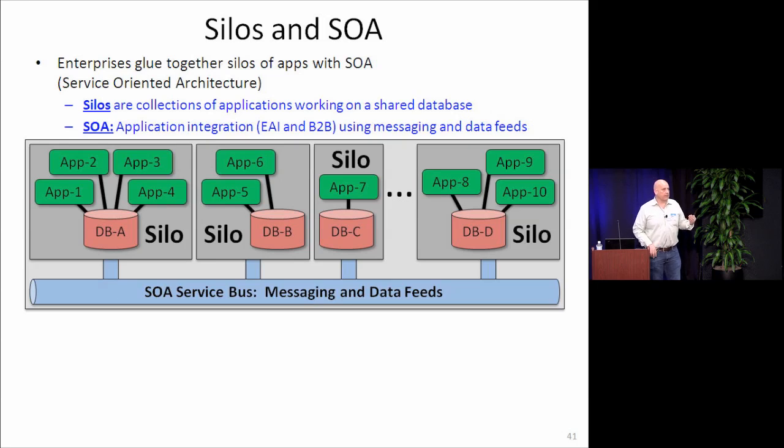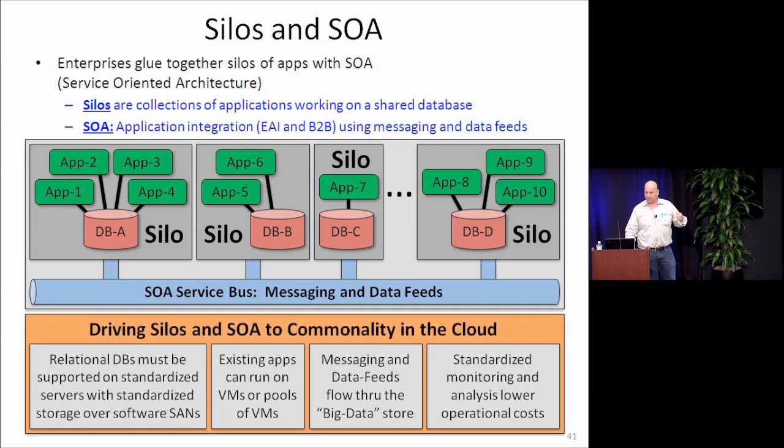And so in this environment, I have a set of apps that are running on a database and another set of apps that are running on a different database and so on and so on. And they don't really work together really well. But the only way they're working together is either by doing messaging back and forth, which is not as common, or by doing extract, transform, load, taking massive copies of data and batch copying it over there.